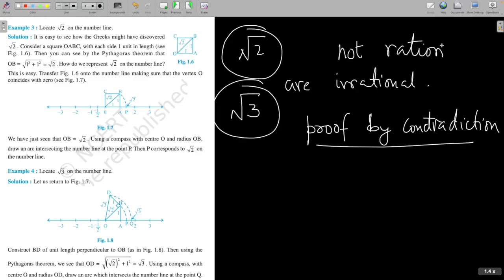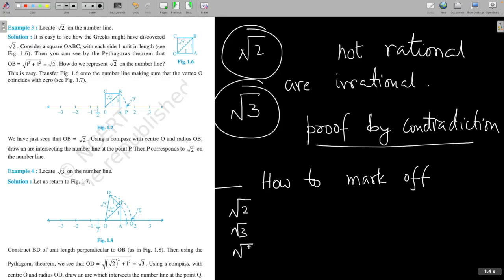So we prove by contradiction that these are not rational, and therefore they have to be irrational. Now this particular page deals with how to mark off square roots of natural numbers, root 2, root 3, and root 4 is just 2, then root 5, and so on. It's a very interesting construction, but fairly simple to understand.